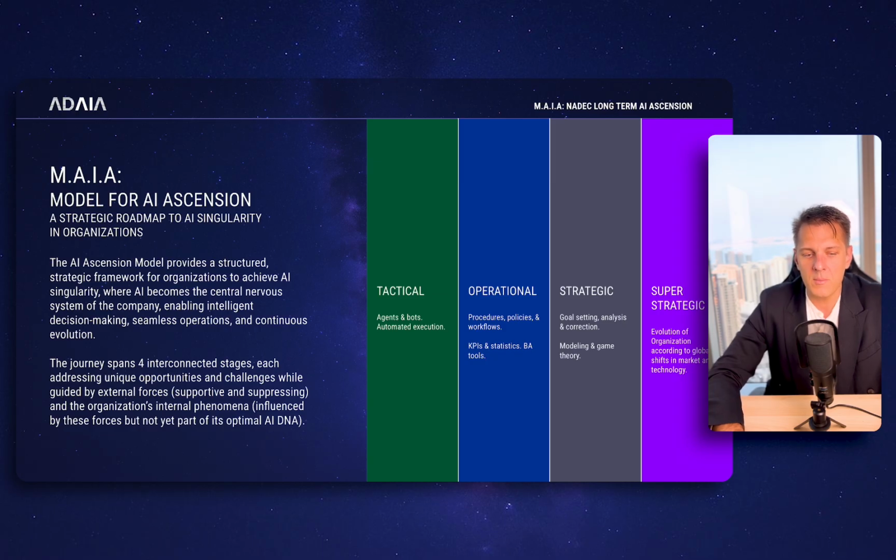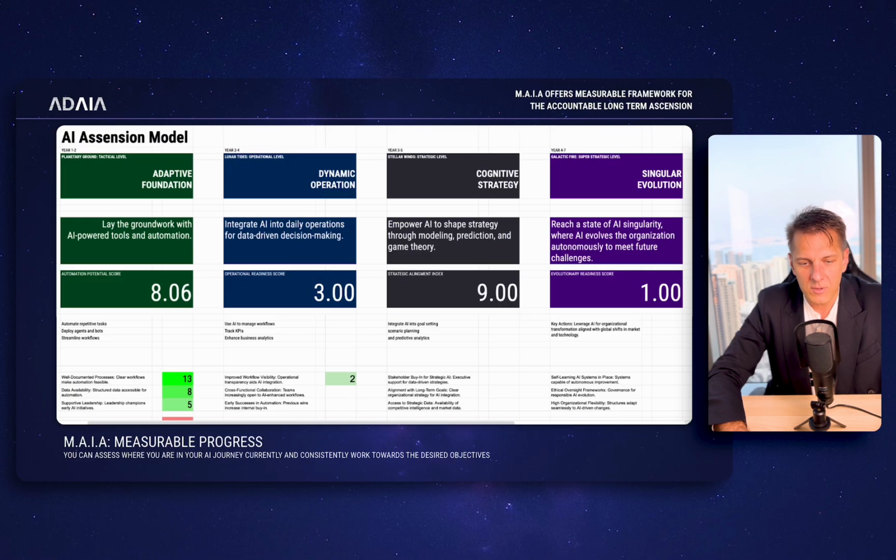That's why we have come up with our own framework called Model for AI Ascension, or Maya in short. And a part of this model is the dashboard where we are measuring where a company is on every one of the levels, all the way from the tactical level, which we call the planetary ground, all the way to the super strategic level.